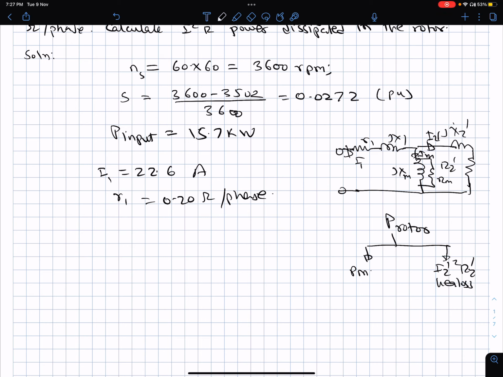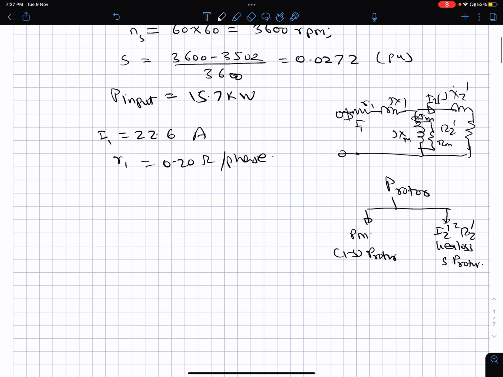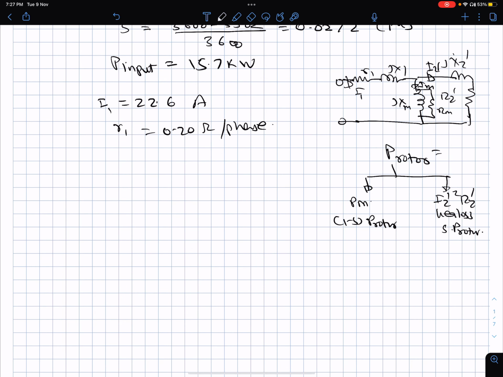This proportion is (1 minus S) of this P rotor, and this is the slip times the P rotor. This we have already seen earlier. And this is how much? This is I2 dash squared R2 dash, of course by magnitude R2 dash by S.